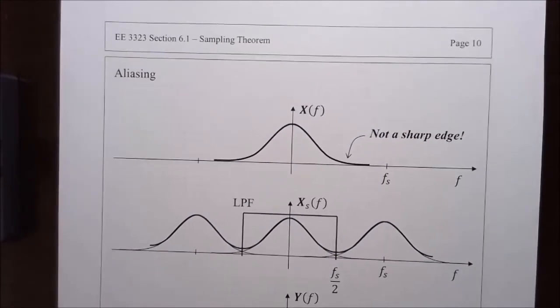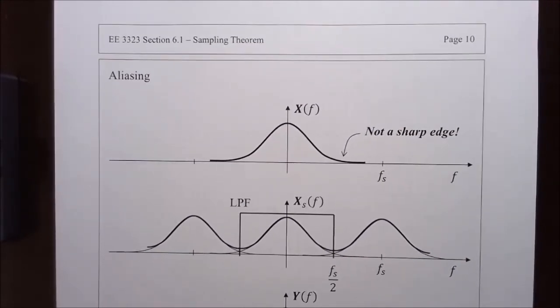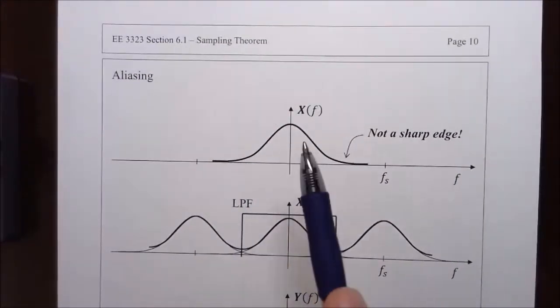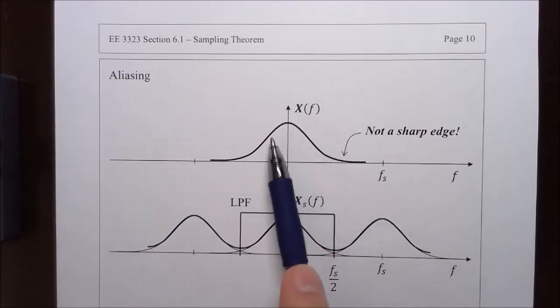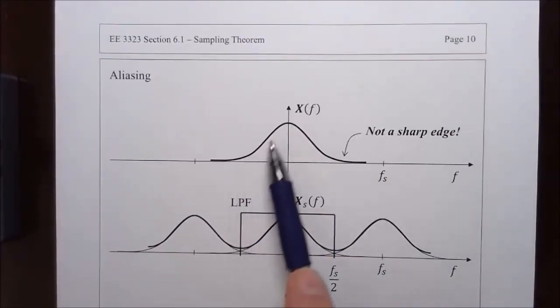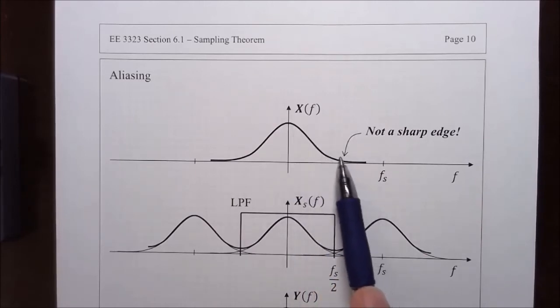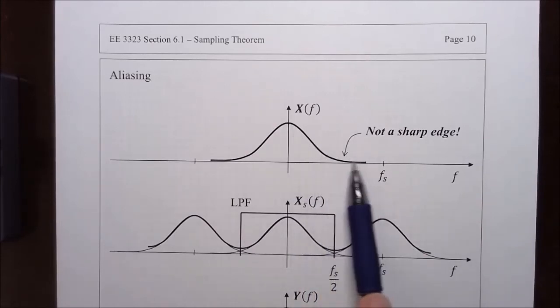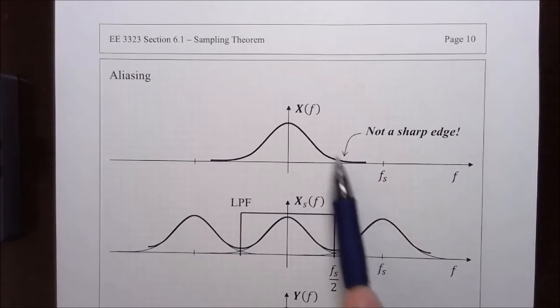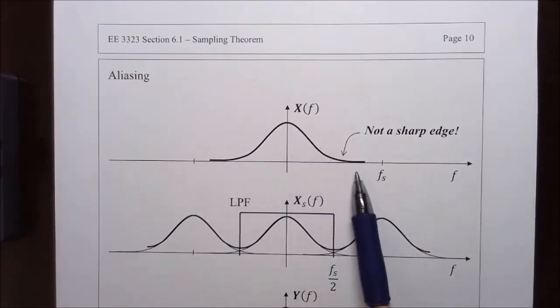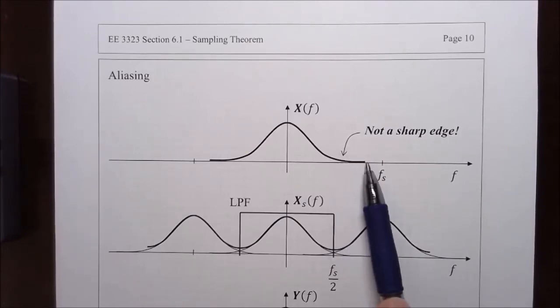Before we leave sampling, let me discuss another issue. With most message signals, like an audio signal, whatever the spectrum of the audio signal looks like, it does not have a sharp edge for a bandwidth. The frequency components kind of tail off toward zero, so sometimes it's hard to define a sharp edge.